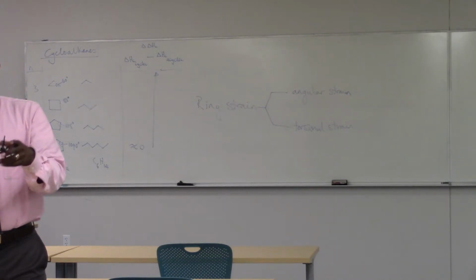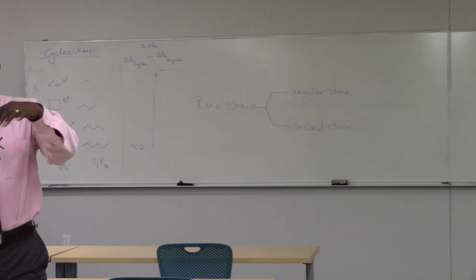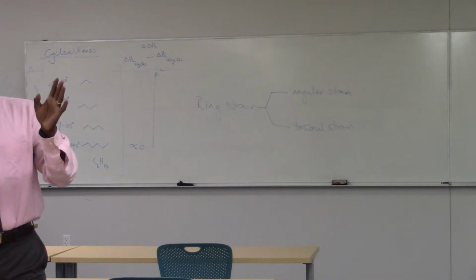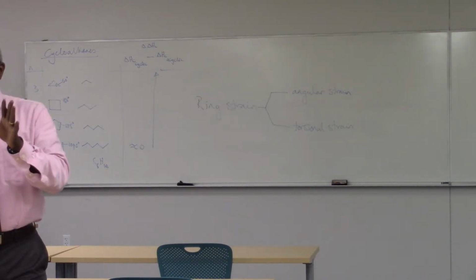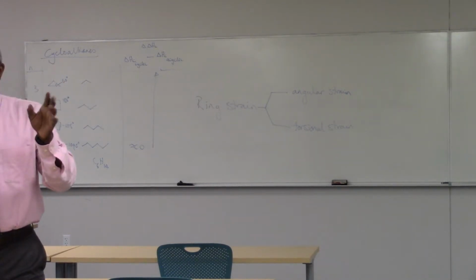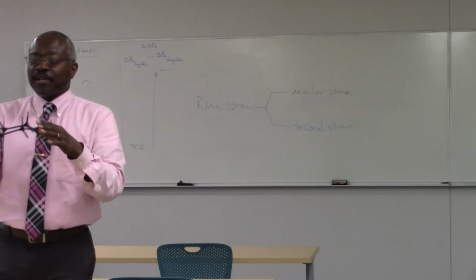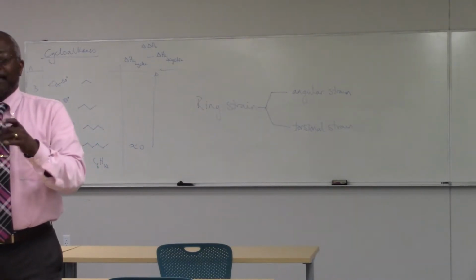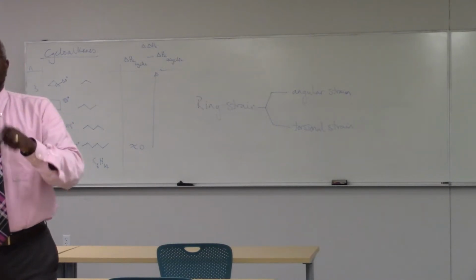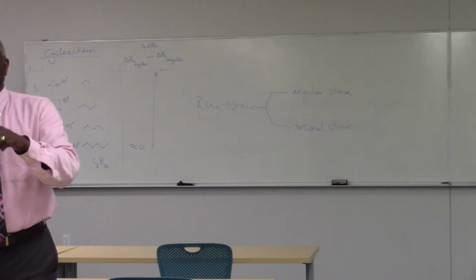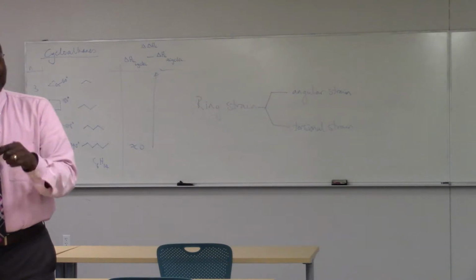Okay? My angle would be 109.5, so there's no angle strain. There's no angle strain in any version of cyclohexane. But if it were flat, then I'd have torsional strain. But as you can tell, there's a lot more flexibility in cyclohexane than there was in cyclopentane.